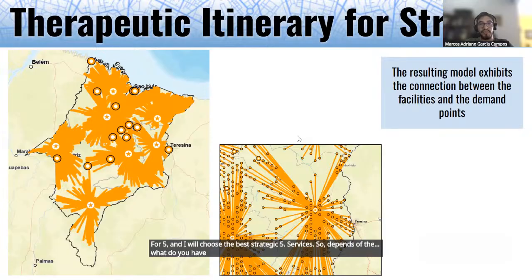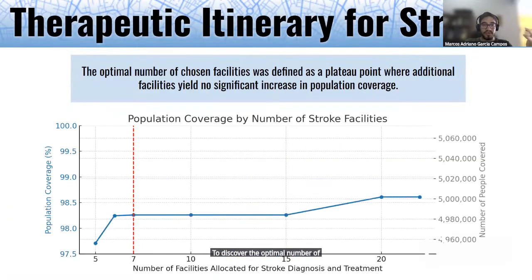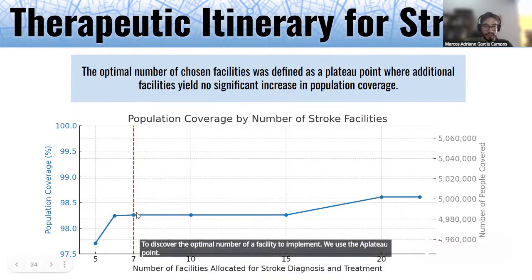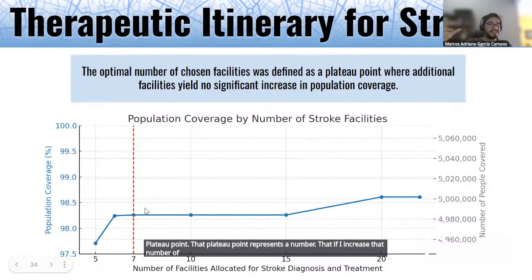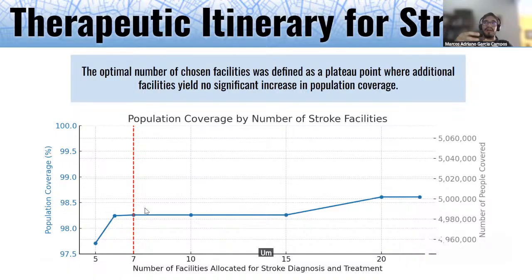But in our group, we are using another methodology to discover the optimal number of facilities to implement. We use a plateau point. That plateau point represents a number beyond which, if I increase the number of facilities, I don't get a significant increase in the population coverage.